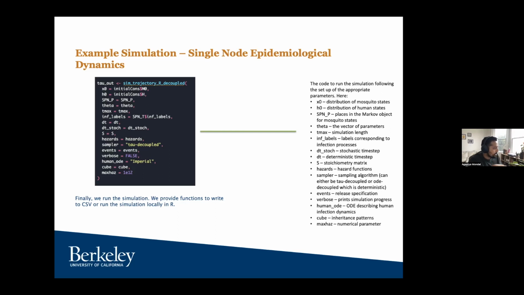And the human ODE parameter here determines the human infection dynamics. Here we're using Imperial. There's also the SEIR, I believe, if you would want a simplified version of that, and an SIS model as well, if you want an even simpler version. So that's the overview of the epidemiological dynamics.